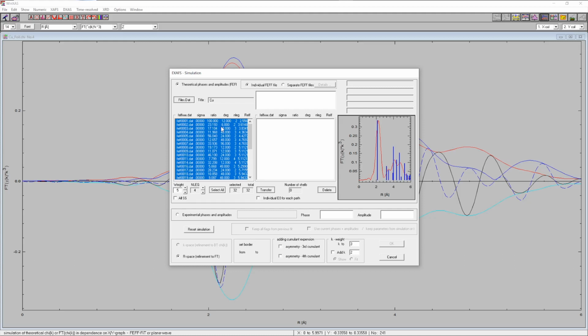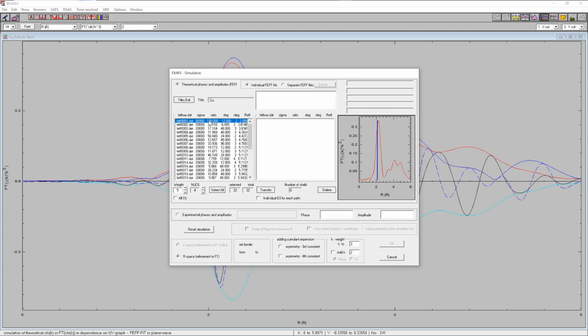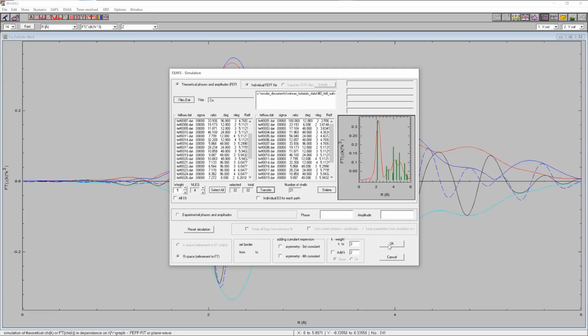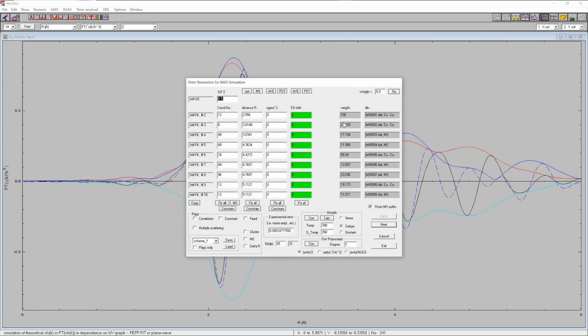Here again it would be a good idea to start with the most significant multiple scattering path based on their contribution, and then, if need be, increase the number of multiple scattering paths that are included in the simulation and refinement. I'm going to skip this part and just jump ahead and use all the available multiple scattering paths in this range, transfer, and okay.